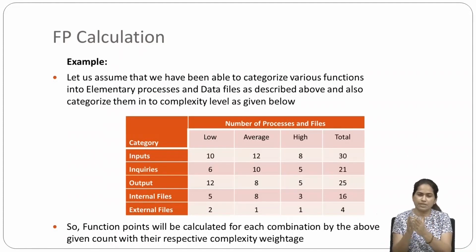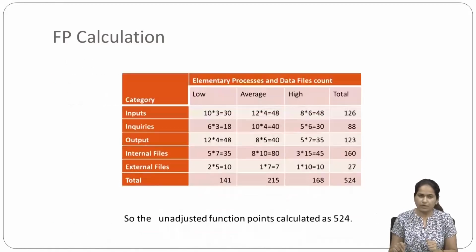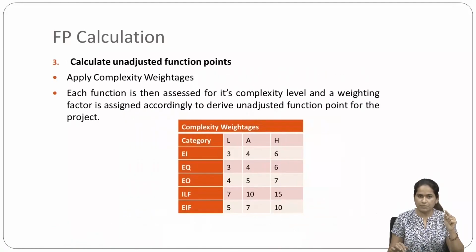For low, average and high we have three different numbers, and there is one column called total, which gives you the total of inputs, total of inquiries, total of output, total of internal files and total of external files. Now for this type of table, when we are going to calculate it, we will consider the weighted points which we have here.